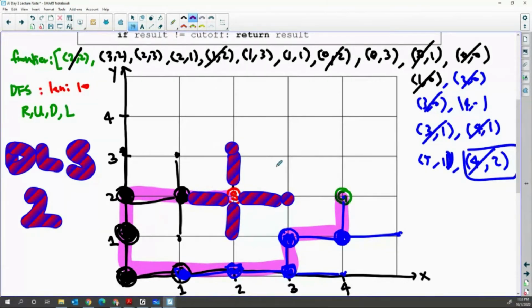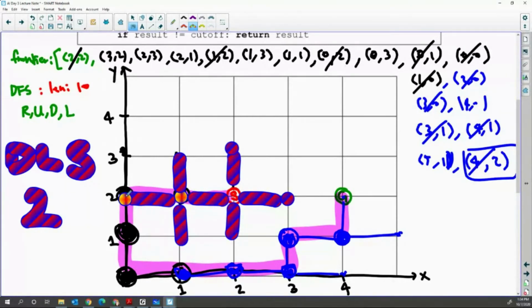Then like the regular DFS, left is popped first. Then I search up, down, left. Depending on the DFS, I pop all the way left first.